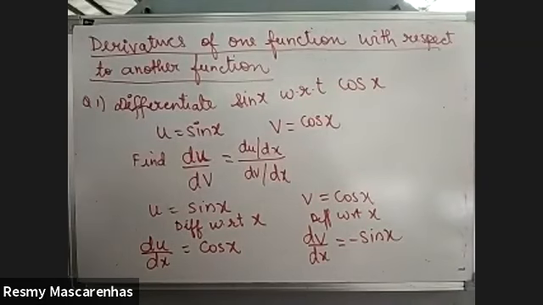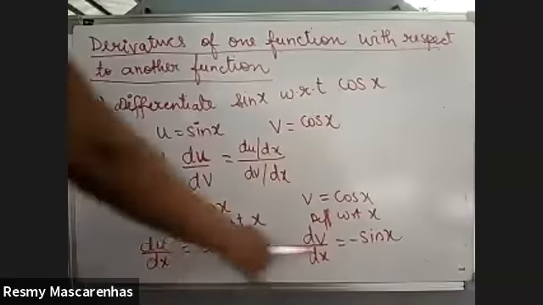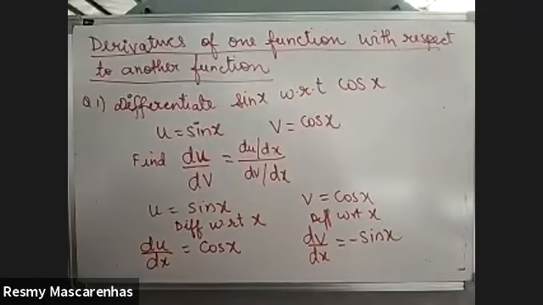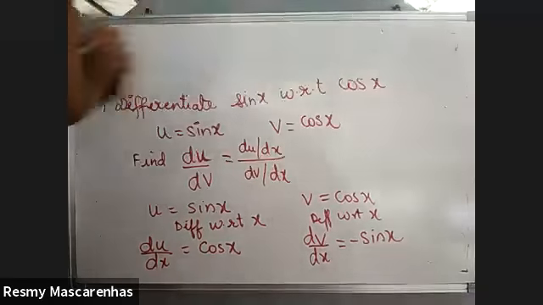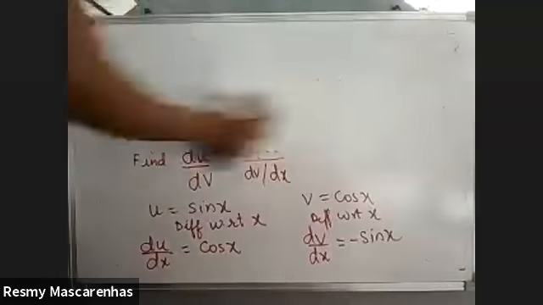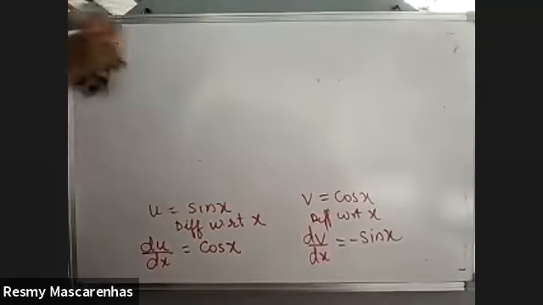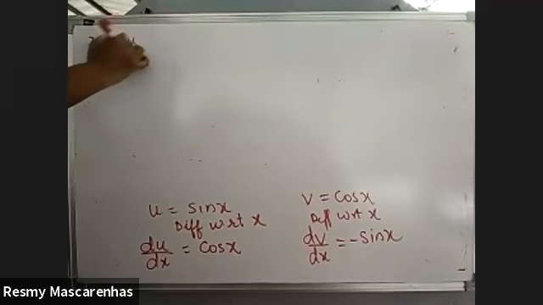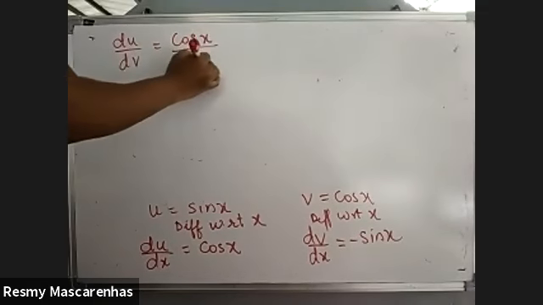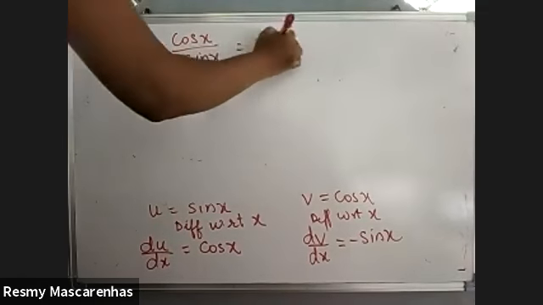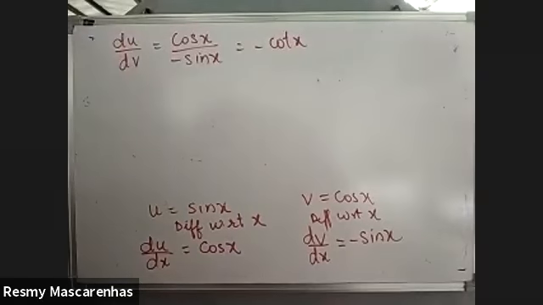So finally substitute in the answer: du upon dv will be equal to cos x upon minus sin x, which is nothing but minus cot x.